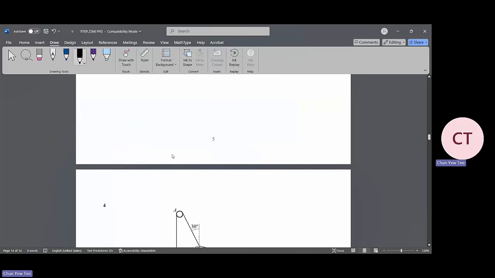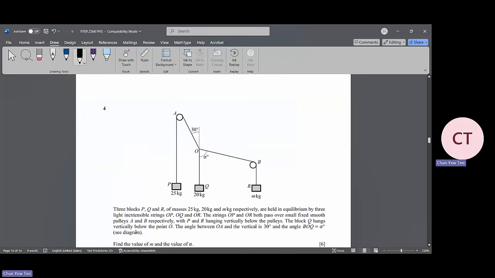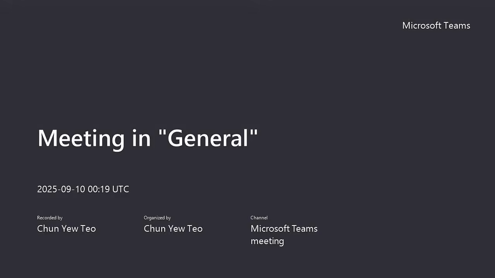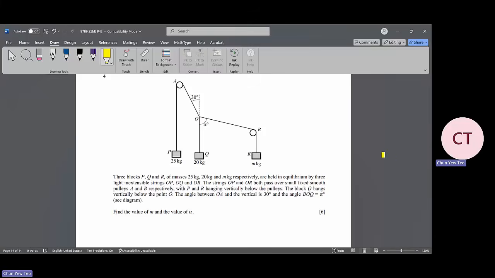Okay, so now move on with question number 4. Blocks P, Q and R of masses 25 kg, 20 kg, and m kg respectively, are held in equilibrium by 3 light inextensible strings OP, OQ, and OR.